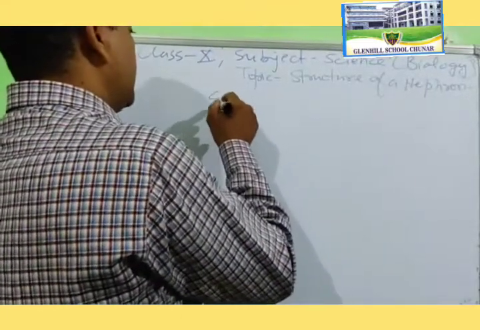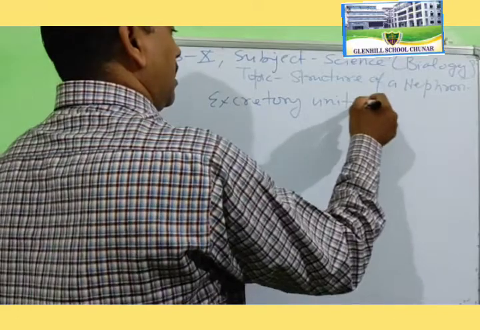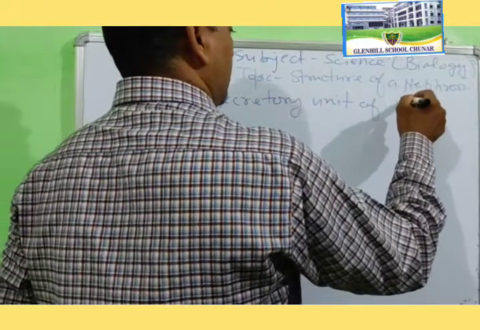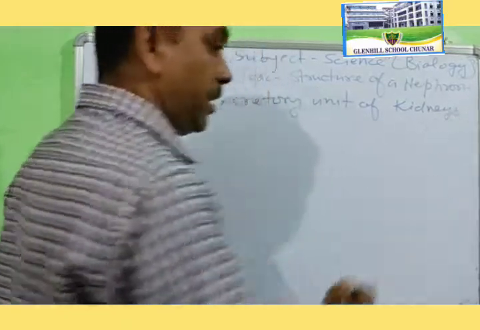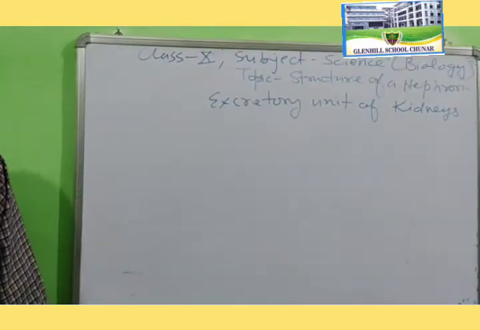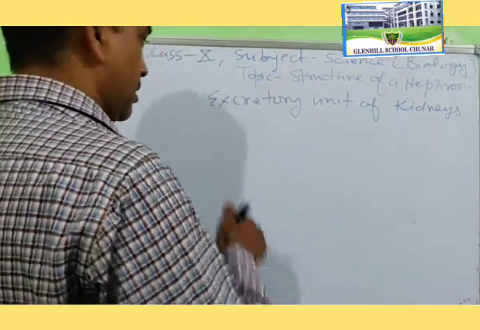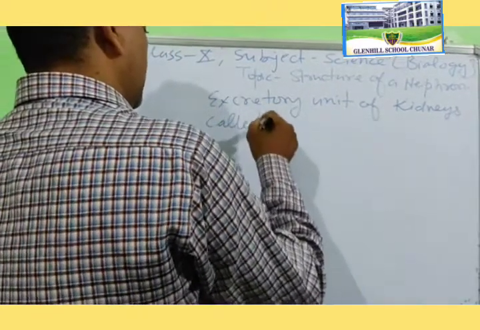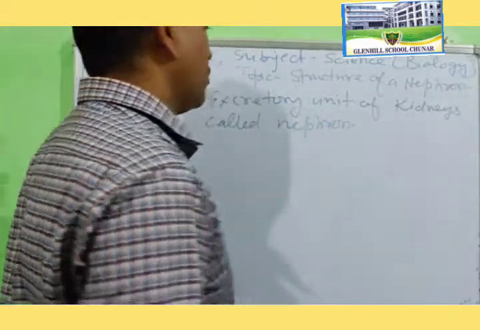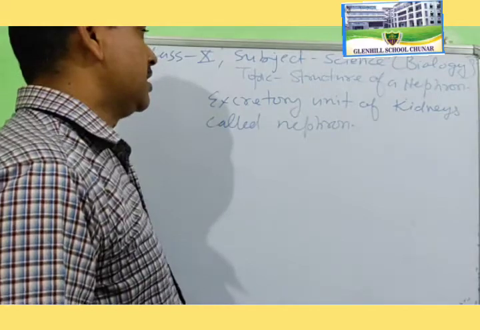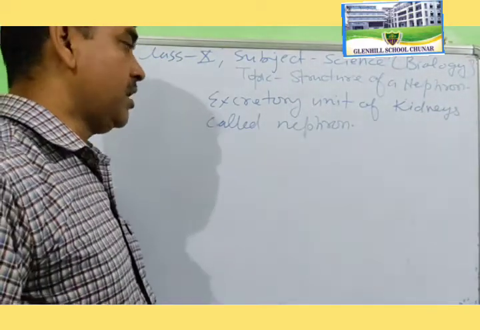It is the excretory unit of the kidney, called the nephron. So the nephron is the excretory unit of the kidney.